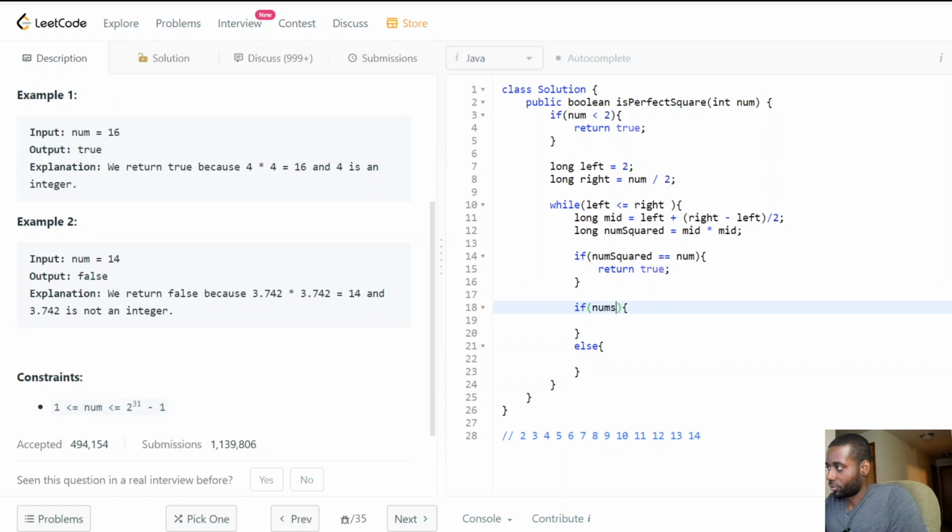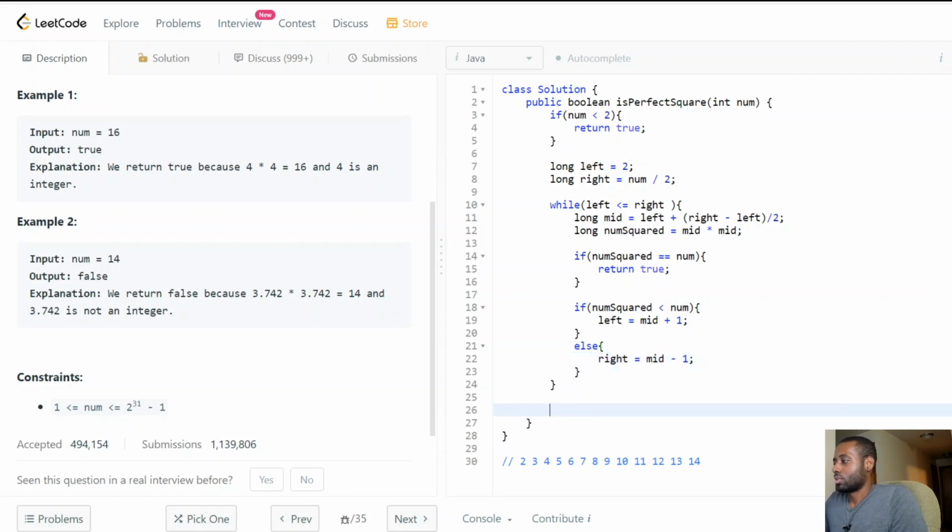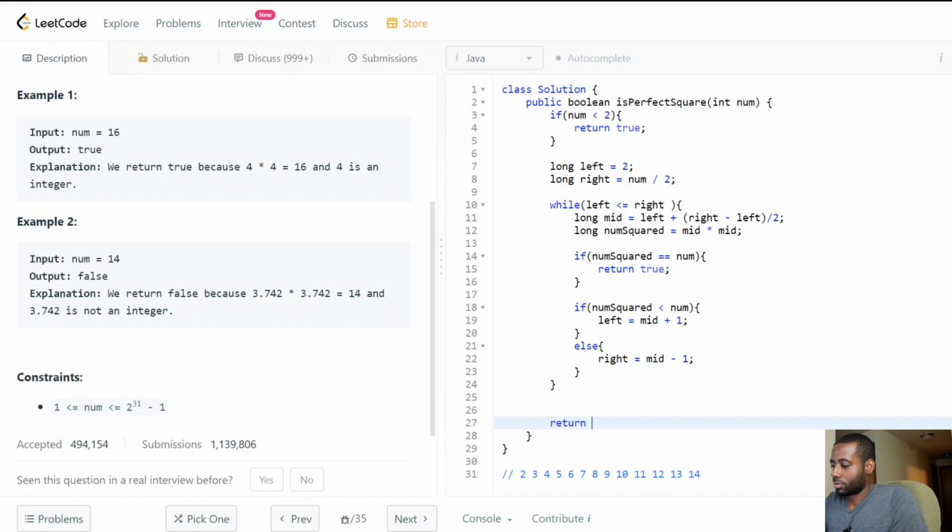If num squared is less than num, then we go to the right. Standard. Otherwise we go left. And if we don't find what we're looking for, we return false.